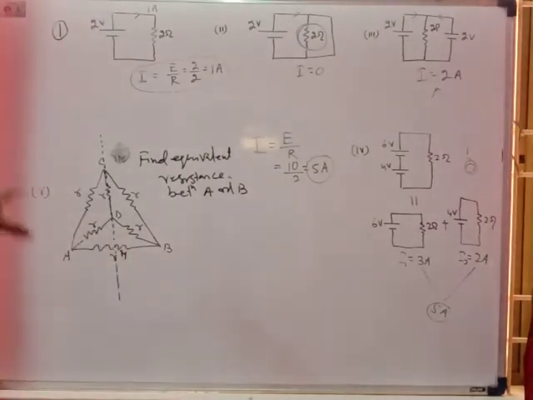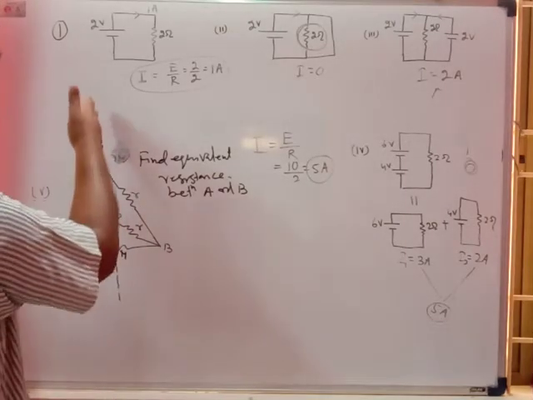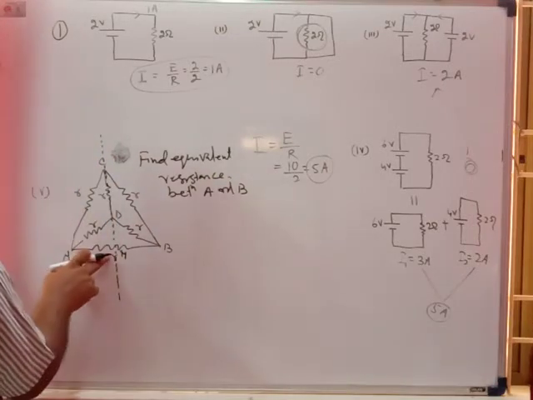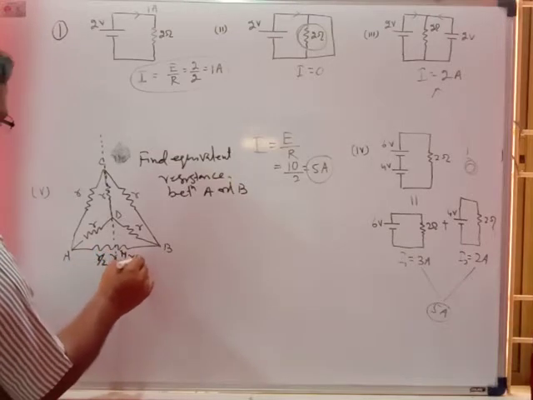If you separate in this manner, you will find all these points are at equal potential. This is the symmetric line, with equal potential, so this R and this part will be R by 2. This will be R by 2, and this will be R by 2.